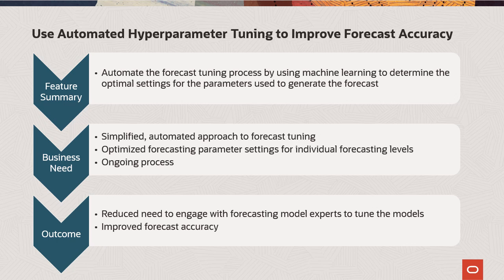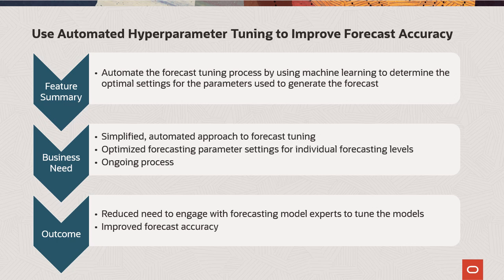The process then determines the best settings for the forecasting parameters appropriate for that combination. You can review the forecast and predicted accuracy using the suggested settings and compare the predicted results to the existing values. You can then use the suggested settings the next time you run the plan.